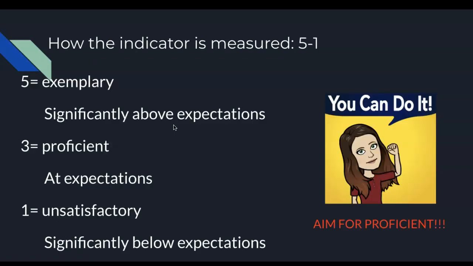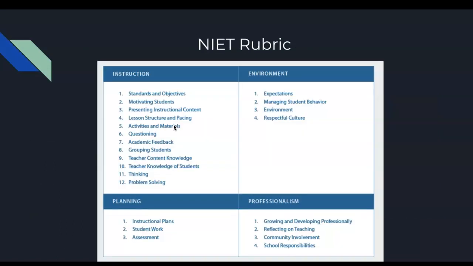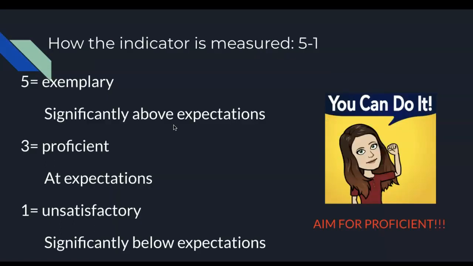So how are you measured with this rubric? For each of these things, you will be measured on a scale of 5 to 1. 5 is exemplary. There are very, very few, even veteran teachers, that will score 5 on the NIET rubric. 3 is proficient, and that is what we are aiming for during residency.